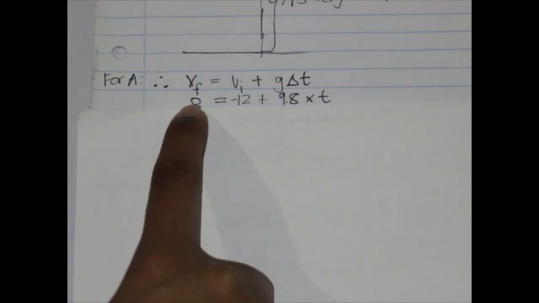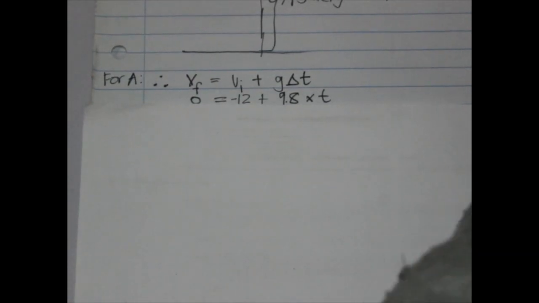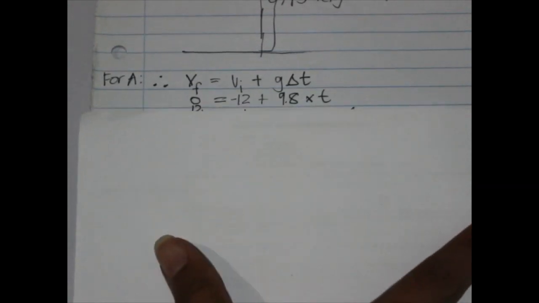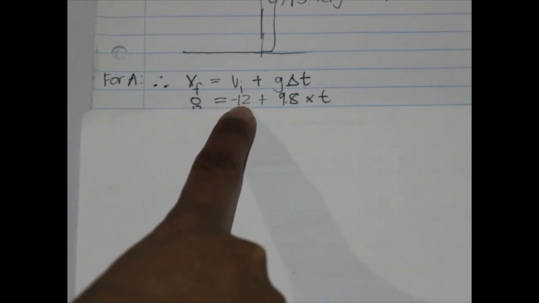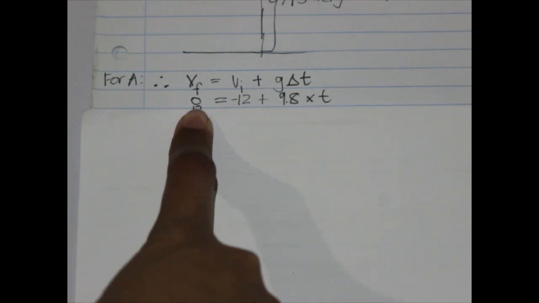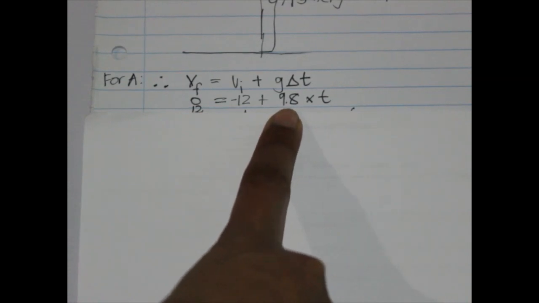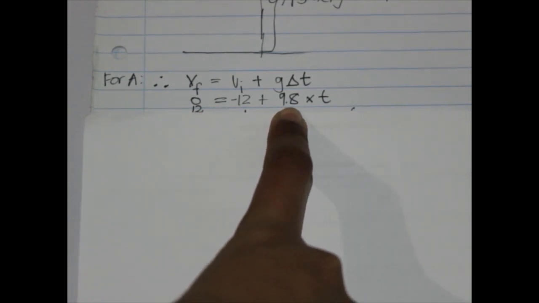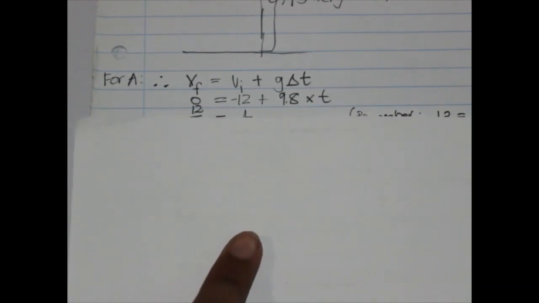As we stated, in this situation I've chosen down as positive, which makes our initial velocity negative 12. We don't bother to put a negative in front of 0 because this won't matter. Our gravity, according to the question paper, is 9.8 meters per second squared. And our time remains unknown because that is what we need to find.